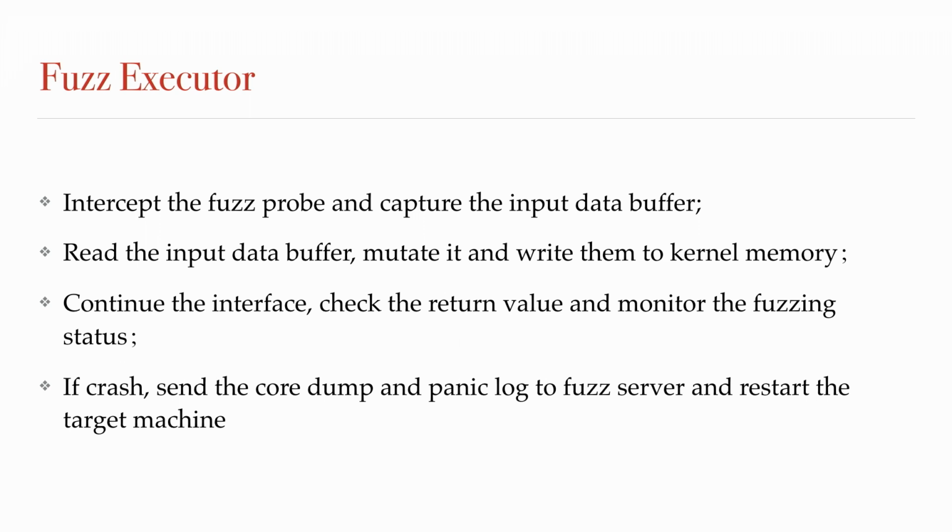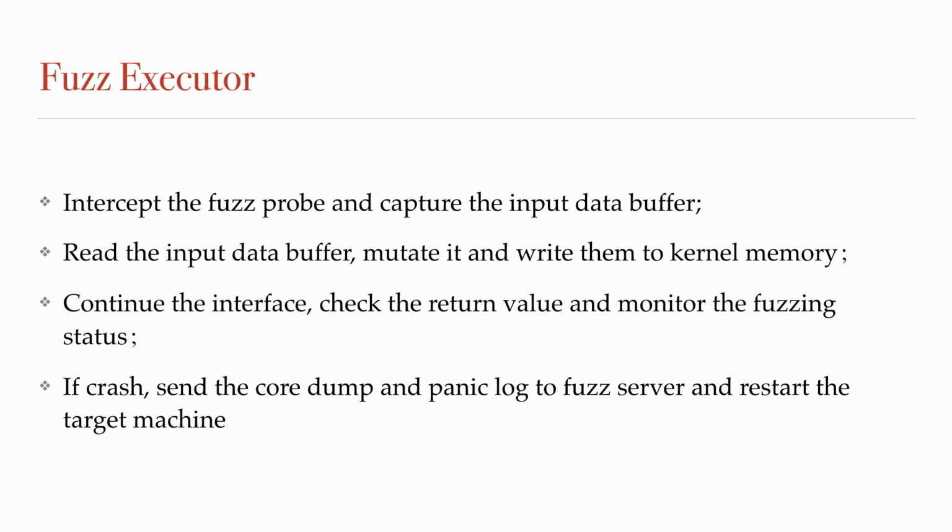The other part is the fuzz executor. This part is just to intercept the fuzz probe, capture the input buffer, read the input buffer, mutate it and write it to the kernel memory. You can see that this is the main control logic of our fuzzing strategy.